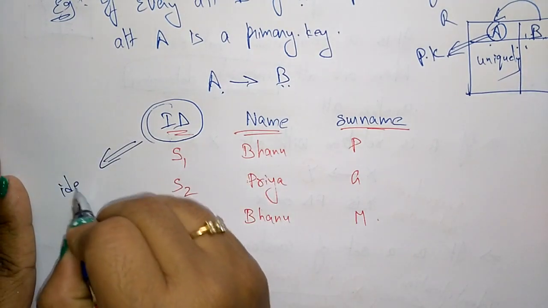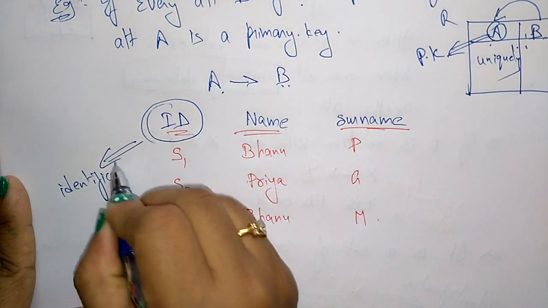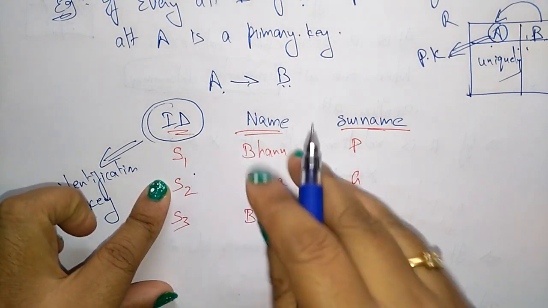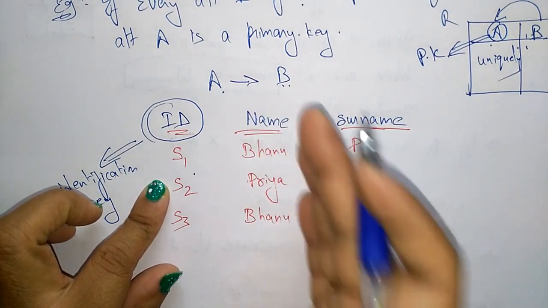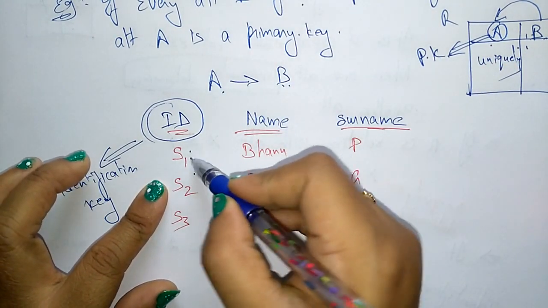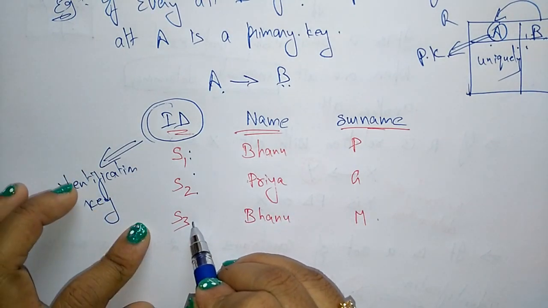Why am I calling this an identification key? Because it is uniquely identified. With the help of this key we can retrieve the values of the non-key attributes. So this should be unique: S1, S2, S3, three different values.